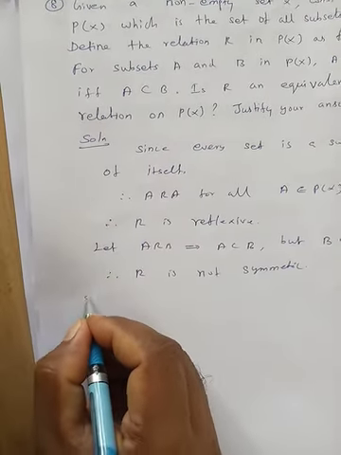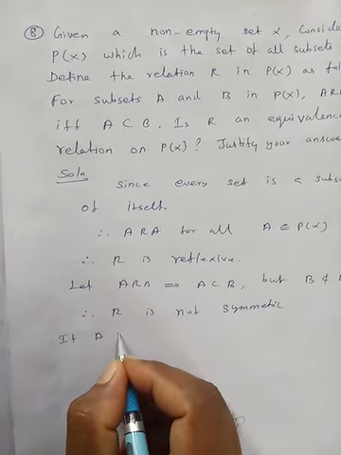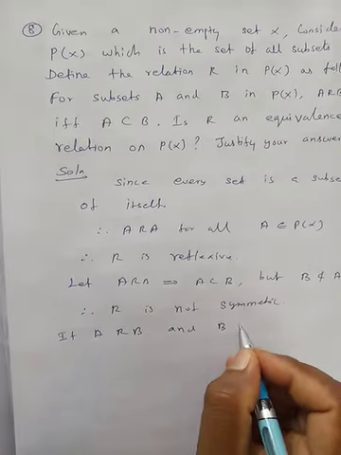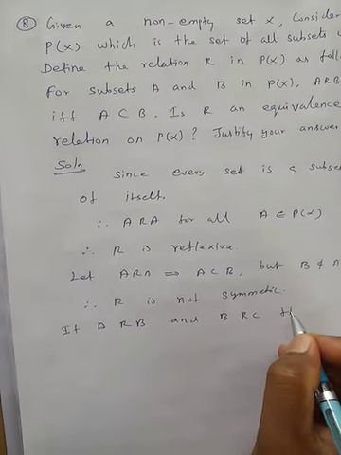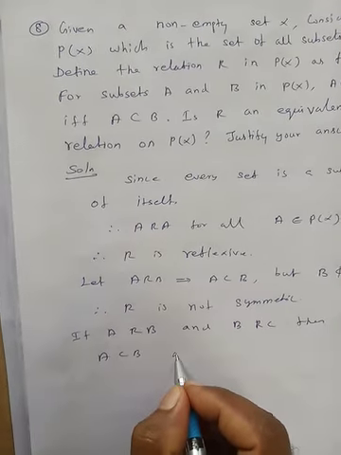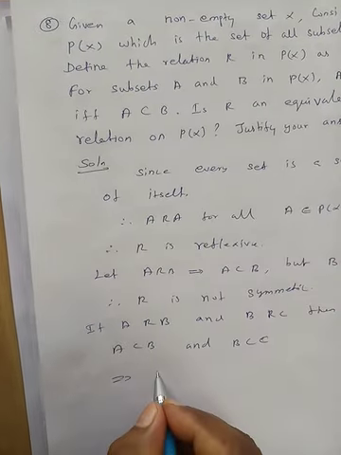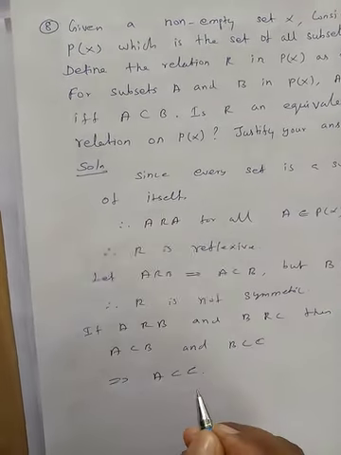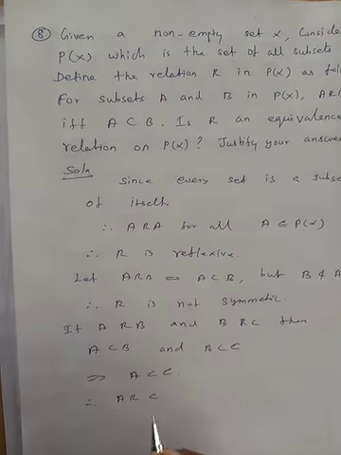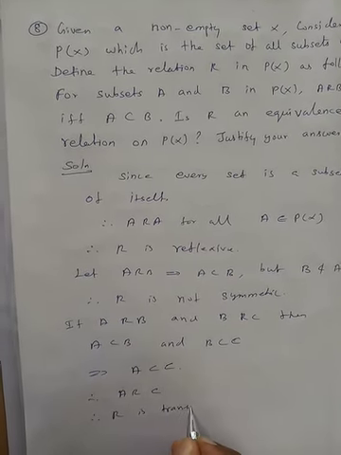Next, to prove transitivity, if A is related to B and B is related to C, then A is a subset of B and B is a subset of C, which implies A is a subset of C. Therefore, A is related to C. Hence, R is transitive.